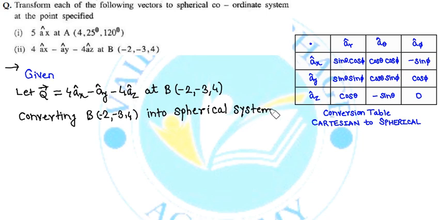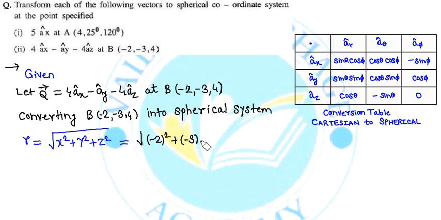Okay, fine. Now, for that conversion, we have that your r in the spherical system is equal to the square root of the rectangular system components, that is, the square root of x square plus y square plus z square. Now we have the values for x, y, and z. x is -2 square, y is -3 square, and z is 4 square, all taken under the square root.